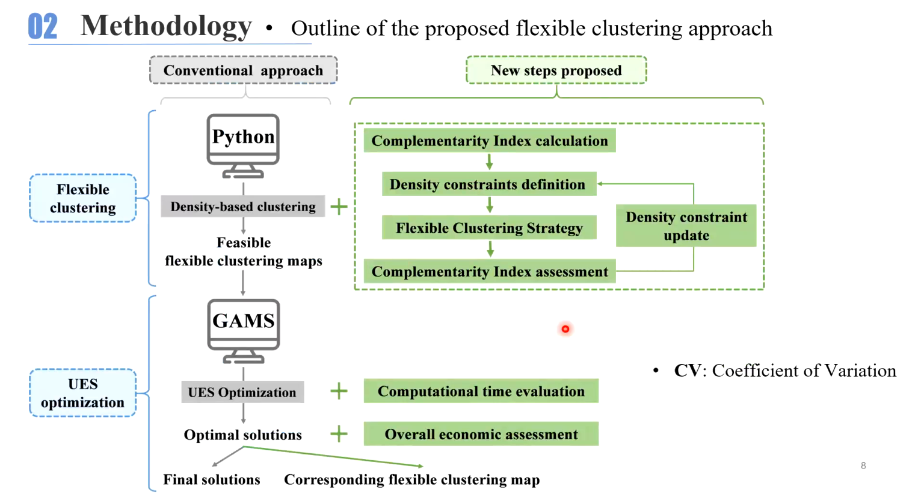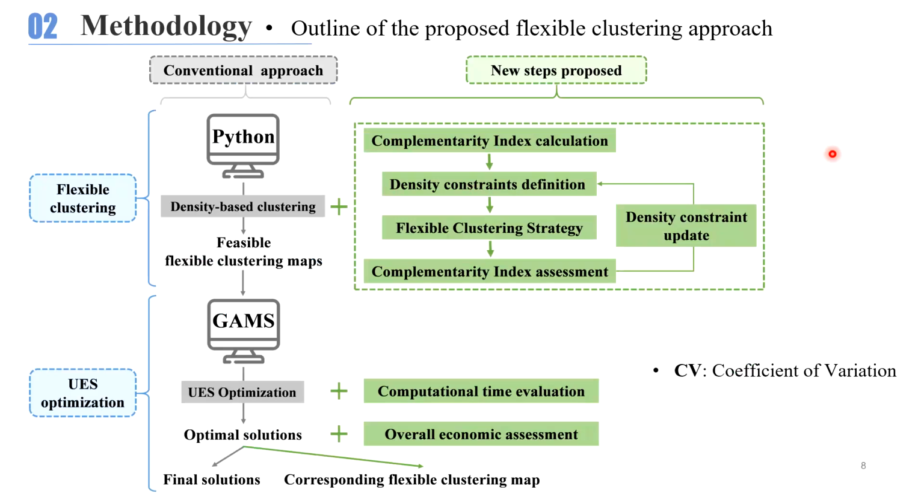Well, in the new flexible clustering approach, 3 index assessments with flexible clustering strategy are further added to improve the clustering and optimization results. The first one is the density index to assess the relative intensive level among all buildings of each cluster and control the changing degree of new clustering results.